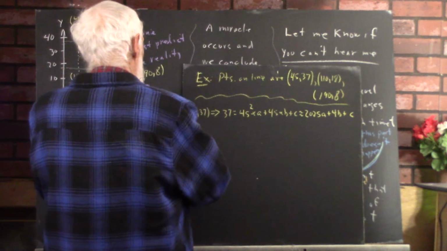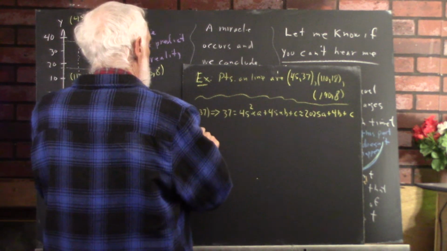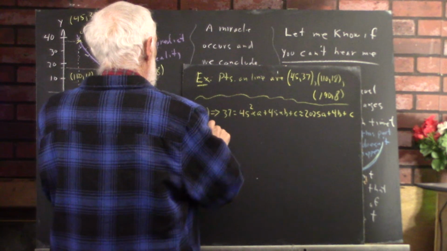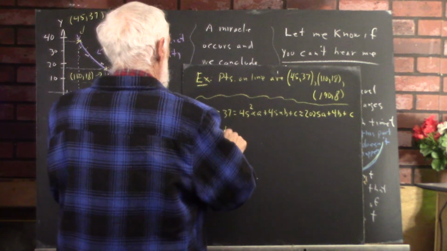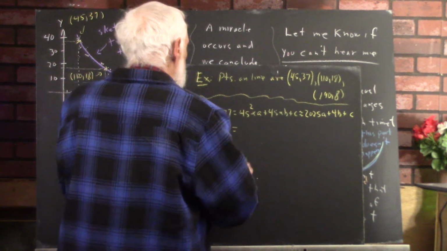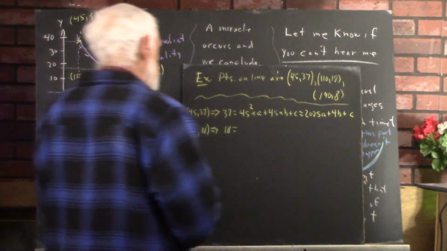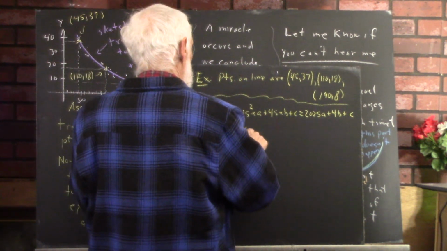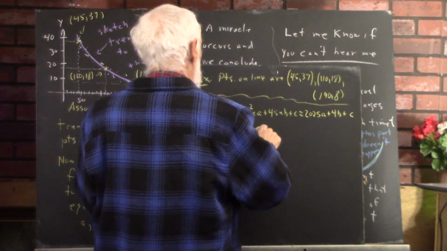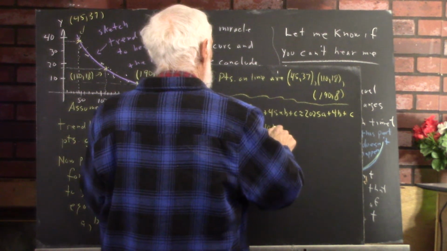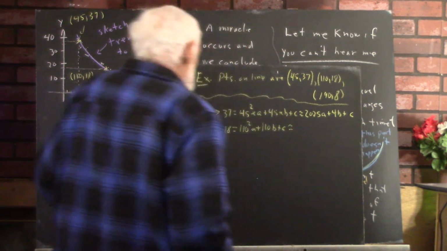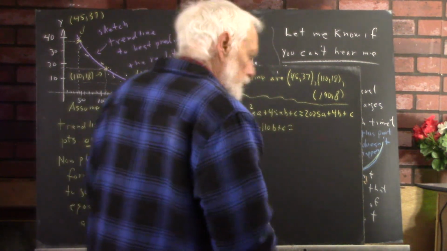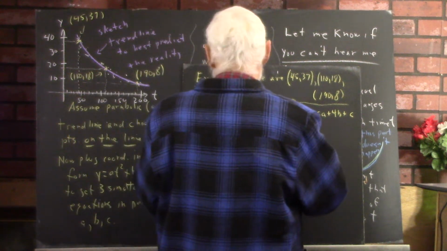Okay, well then the point 110, 18 implies that 18 equals 110 squared a plus 110b plus c. And actually 110 is easy to square. I cheated, made that easy to square.